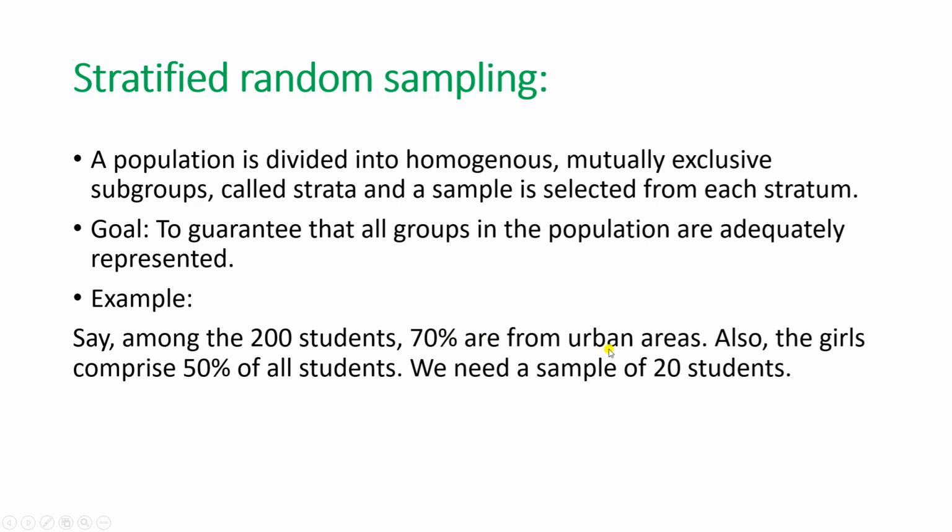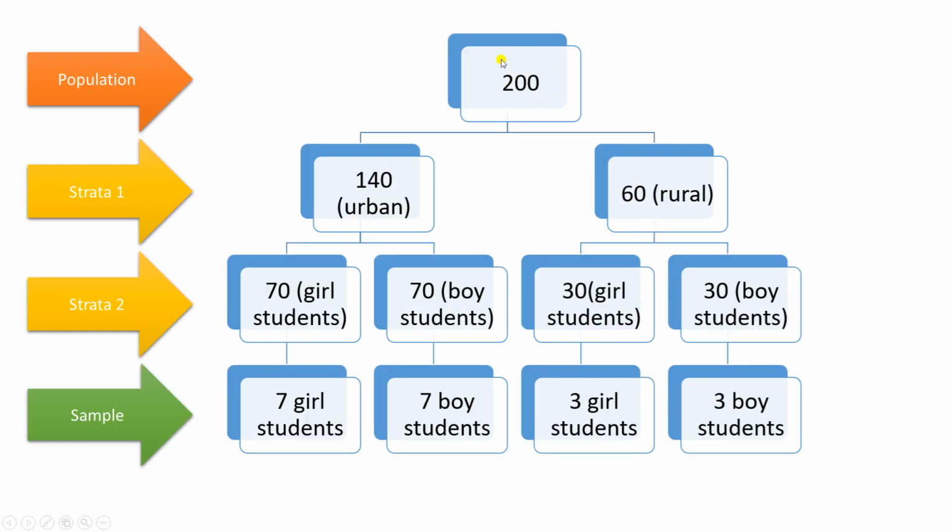70% is from urban areas. 70% of 200 is 140 students, so they are from urban areas, and the remaining 60 students are from rural areas. This is my first stratum, based on residence. I have separated them: 140 urban and 60 rural.